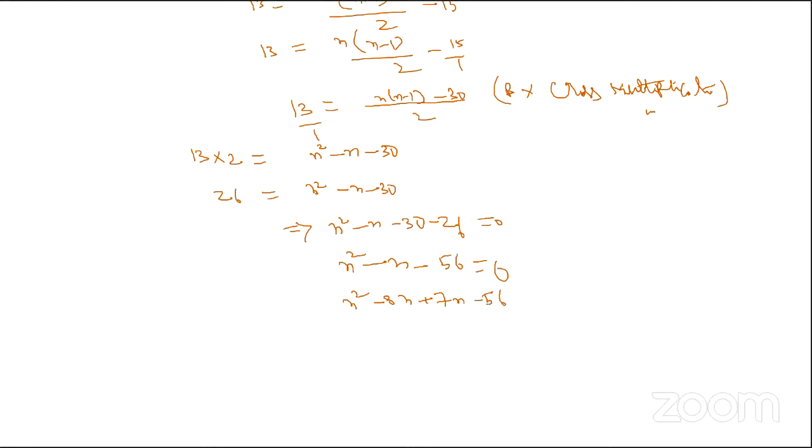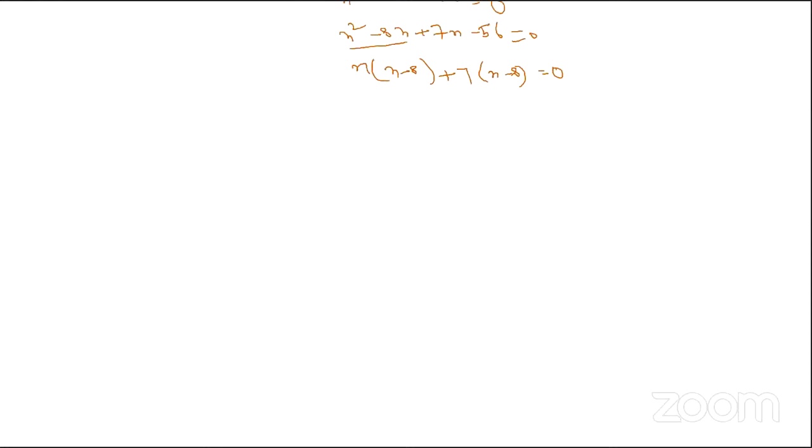That equals 0. In the first two terms, n is common: n into n minus 8; plus 7 common: 7 into n minus 8. That equals 0. So the total common factor is n minus 8, the rest is n plus 7, that equals 0.